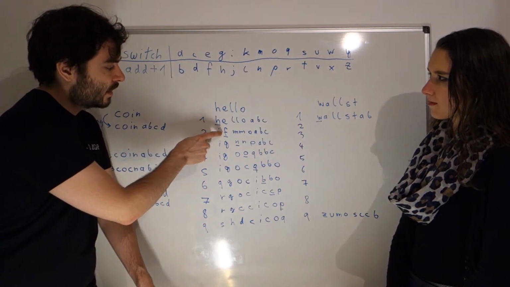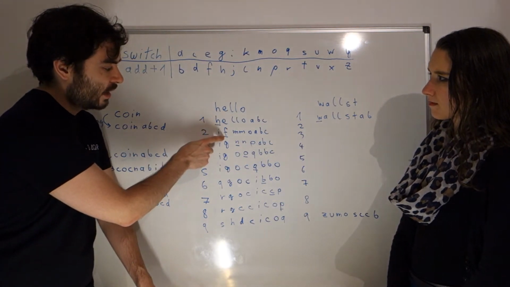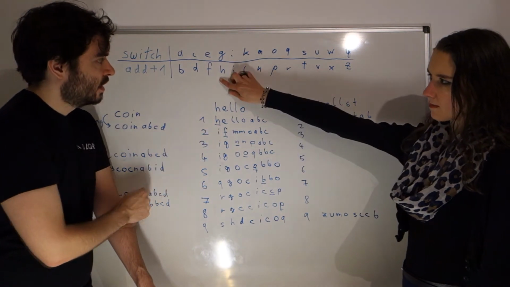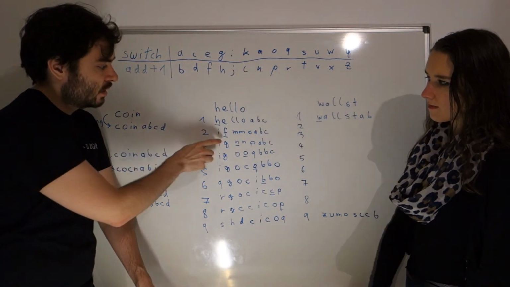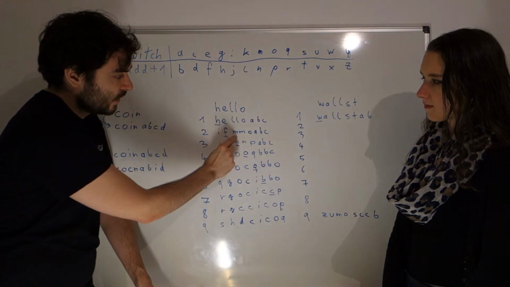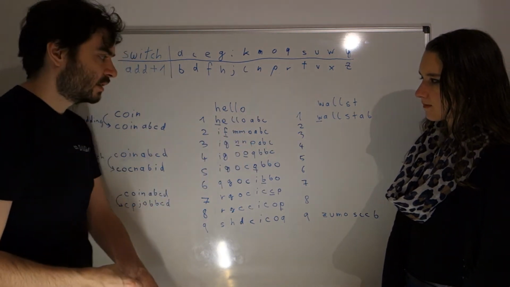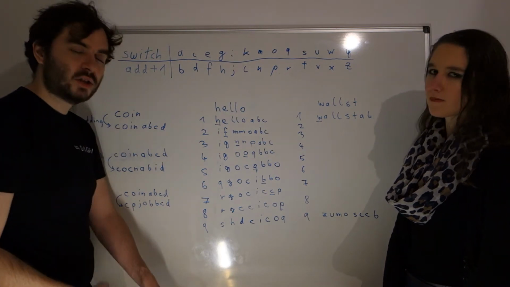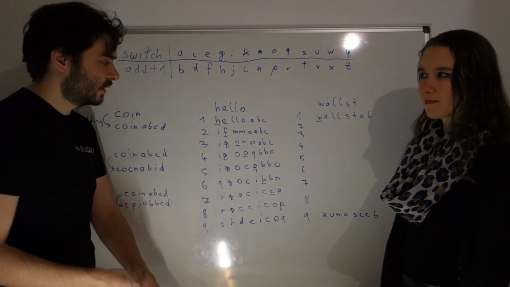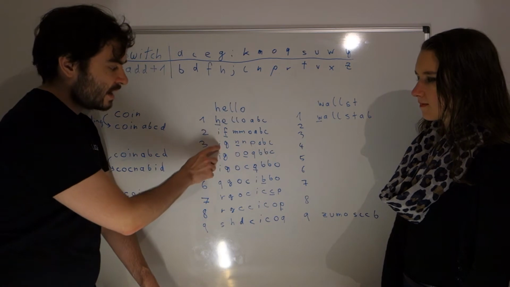So we go to the second character now. This is an F. It's again in the second row. So the F, the M, and the O, like these 4 characters, they are shifted in the alphabet again. So the I stays the same.